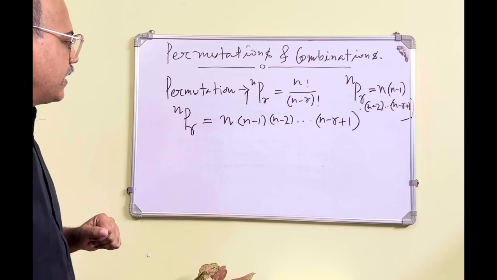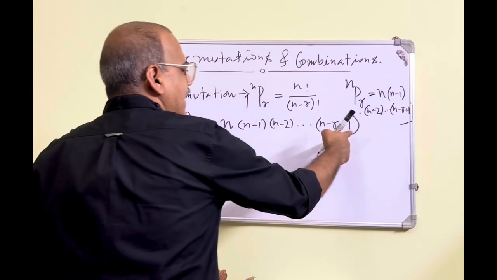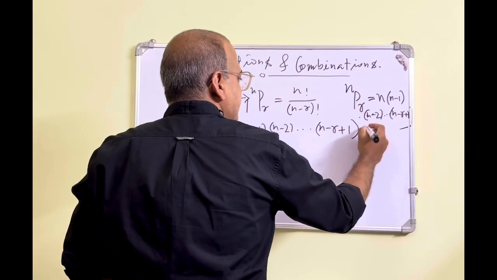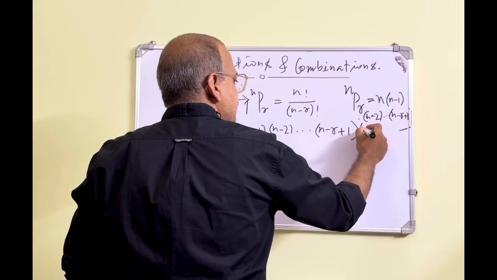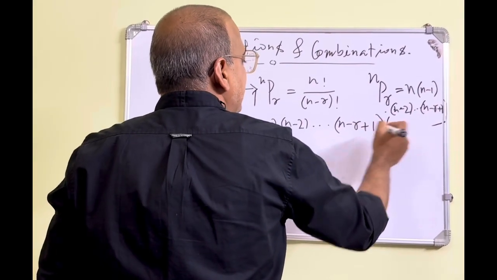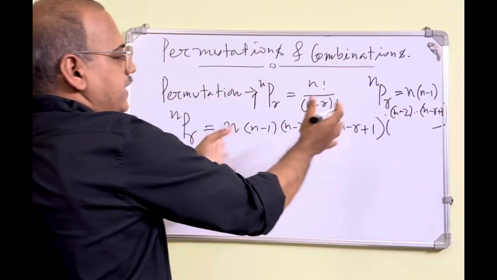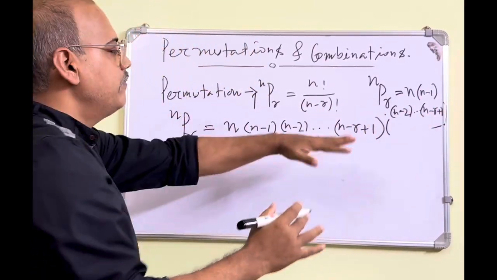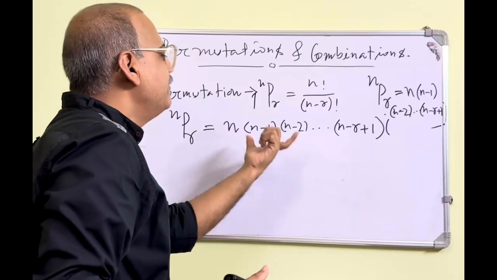Now, let's say I'm adding an additional factor here. Basically, I'll just multiply this portion and then divide by the same, so it will remain the same.